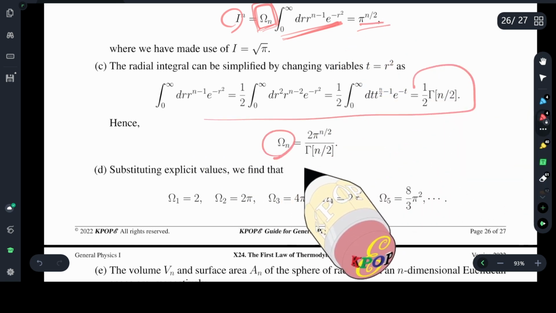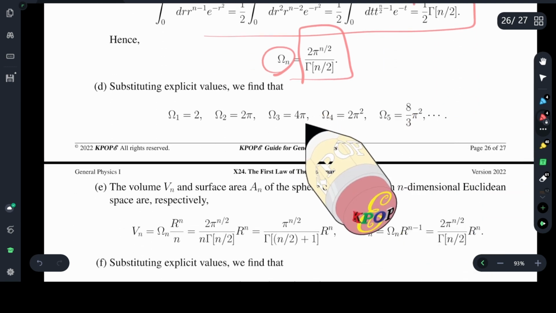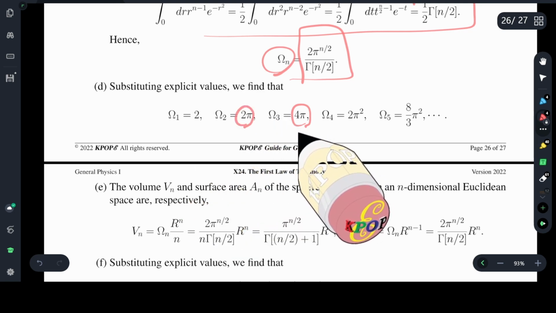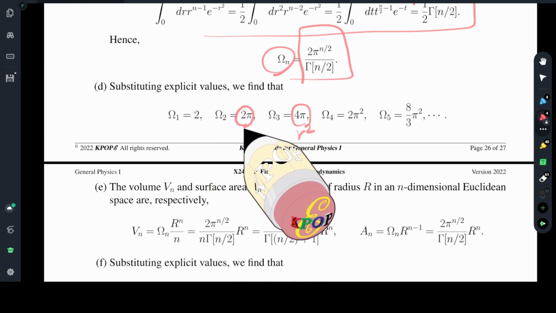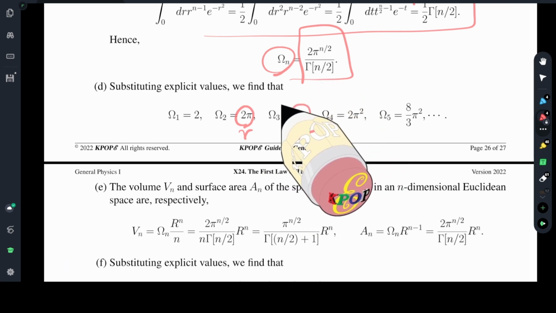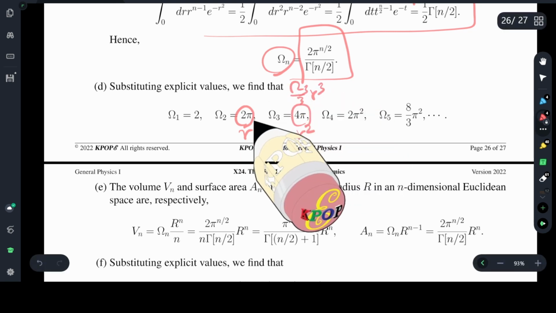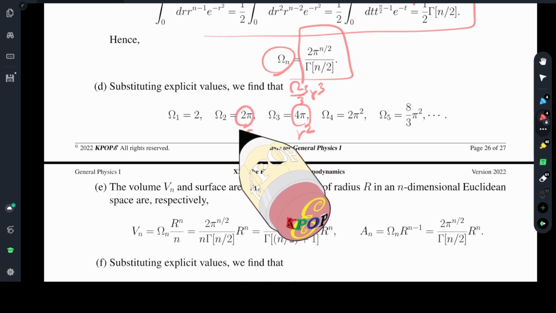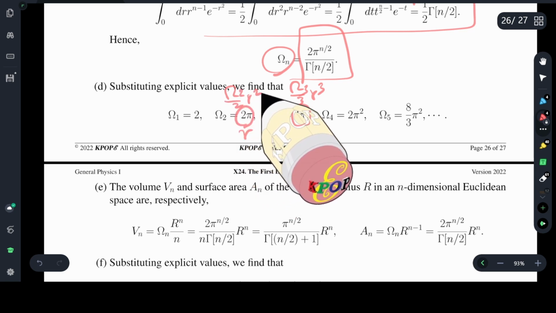Because of this, you know how to evaluate the n-dimensional solid angle. This is the three-dimensional solid angle, and this the two-dimensional solid angle, and the surface of the sphere is 4 pi r squared, and the circumference of a circle in two dimensions is 2 pi r, and the volume of the sphere is omega 3 over 3 r cubed, and the volume of the two-dimensional sphere, that is a circle, is omega 2 over 2 r squared, something like that.